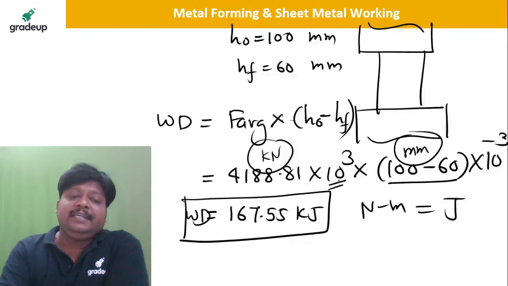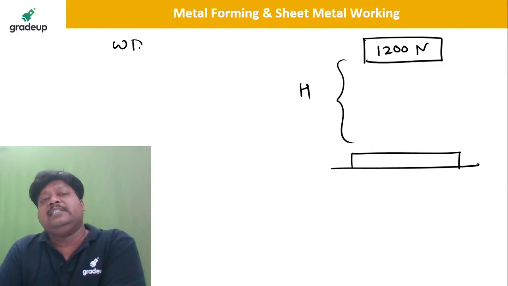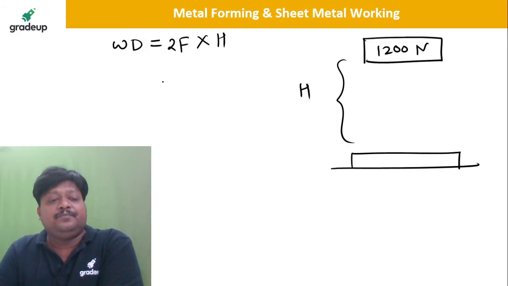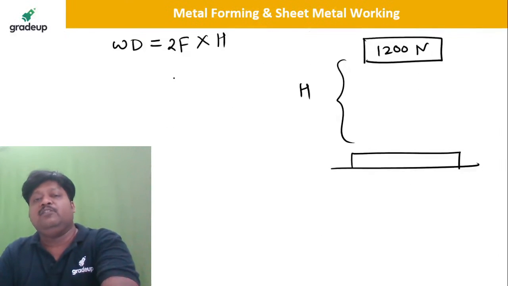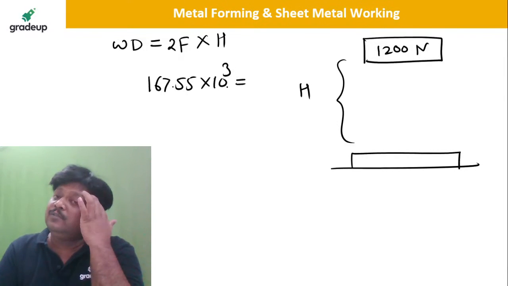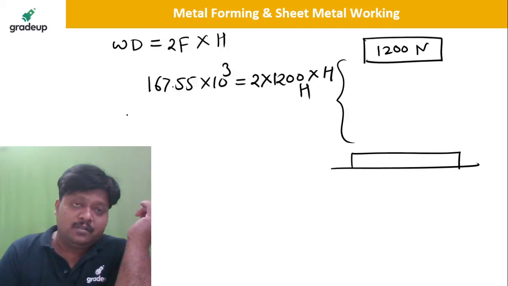Please check it out. Okay, tell me the height. So this work done is equal to what? Twice F into H, isn't it? So the work done is how much, you know already: 167.55 into 10 to the power 3 is equal to the load of the hammer, 1200 Newton into H, divided by 2400.